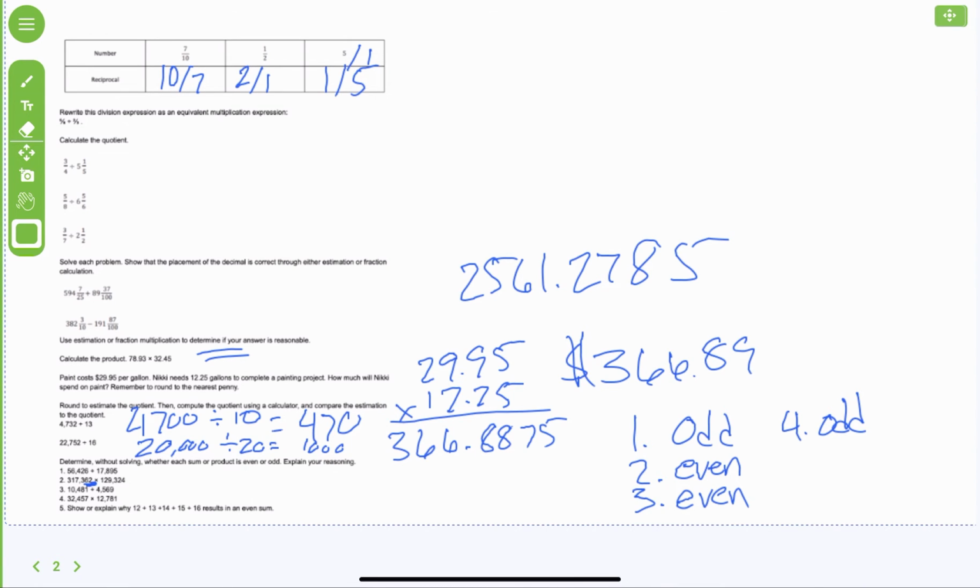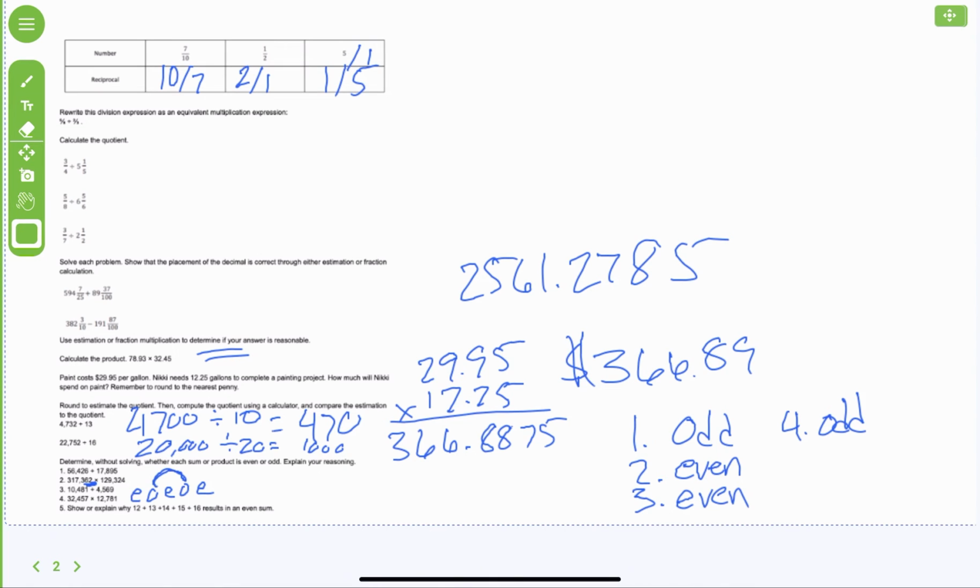All right, now it says show or explain why 12 plus 13 plus 14 plus 15 plus 16 results in an even sum. Well, we have an even plus an odd, an even plus an odd, plus an even.